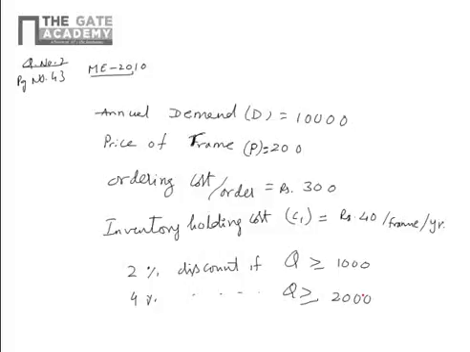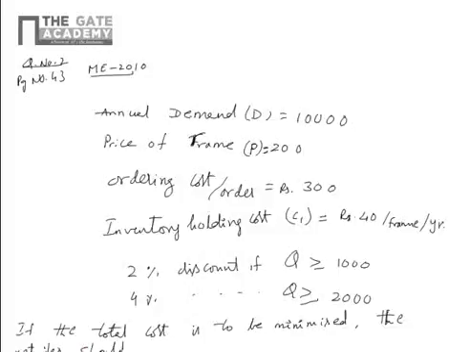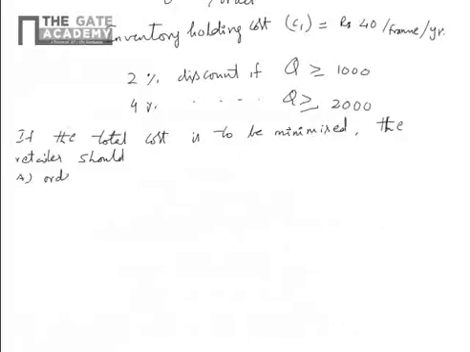If the total cost is to be minimized, the objective is minimization of cost, the retailer should: option A, order 200 frames per order.